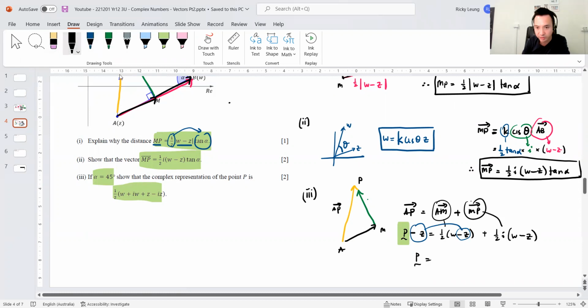So my final answer should be a half W plus Z, because it used to be negative half. If I factorize that all out, it should be iW minus iZ. Is that right? They're very similar. I'm going to leave it as exactly the same value, but the order is a bit different.